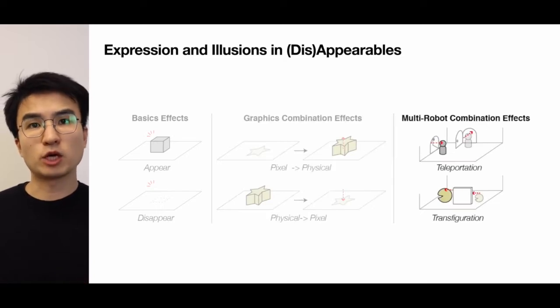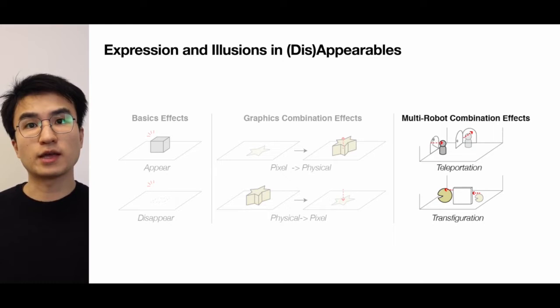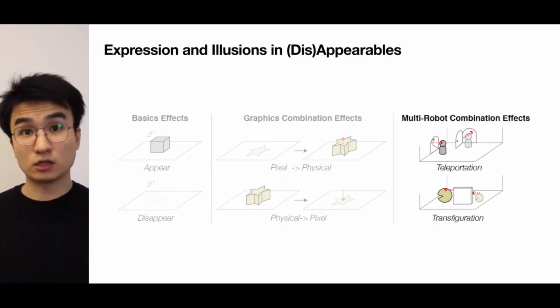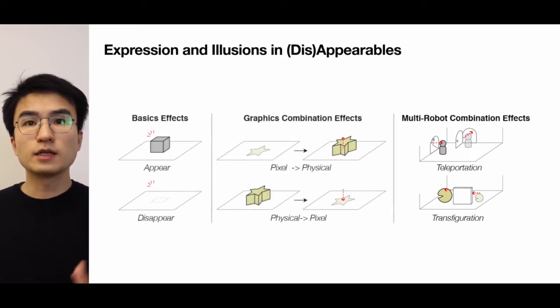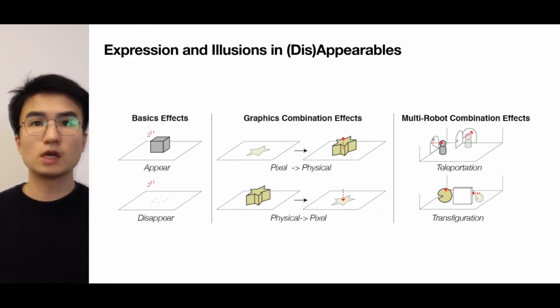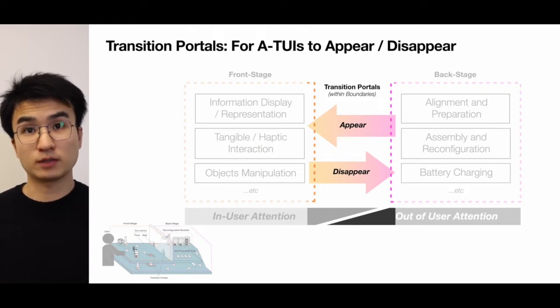Or by combining multiple robots to make one robot disappear from one place and appear as another robot at another place simultaneously, it can create an illusion of teleportation. These are later demonstrated in the application sections. So that is the transition portals that facilitate the appear and disappear effect.